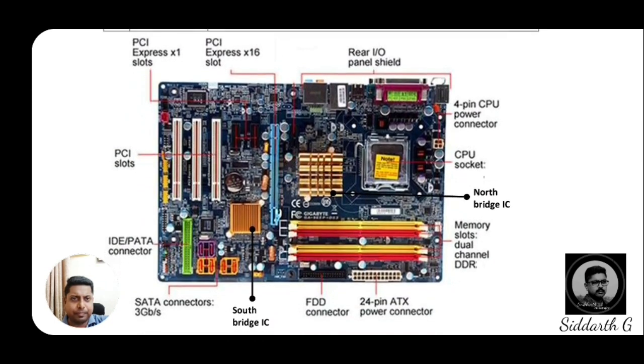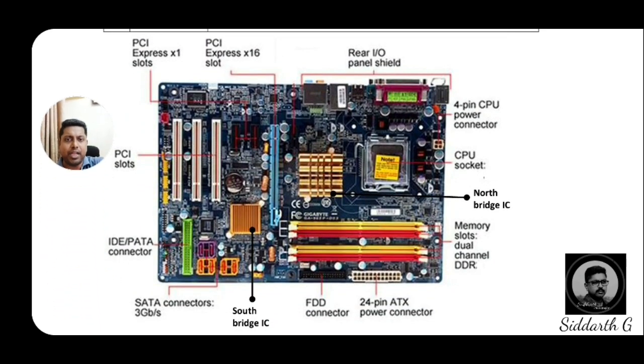Dear students, if you are closely observing your screen, I am showing an exact ATX motherboard. Nowadays we are using this type of motherboard. One by one, observe how the devices look.